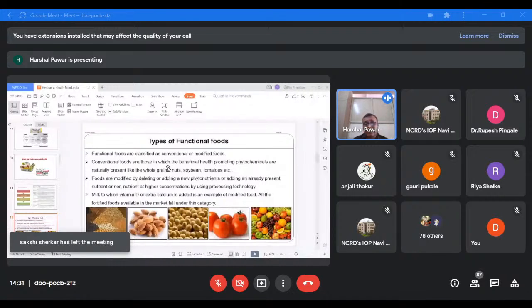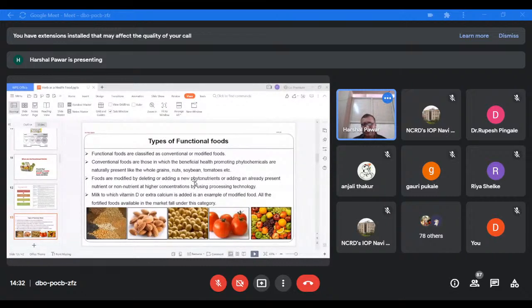The second category is what? Modified foods. So here, the food what we are getting from natural sources is modified by deleting or adding new phytonutrients, or adding an already present nutrient or non-nutrient at higher concentrations by using processing technology, right?